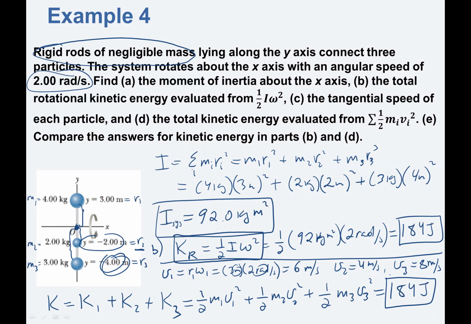It doesn't matter if you take the linear approach, which is finding the speed, finding the kinetic energy of each one, and adding them together, or using the angular approach, which is finding the angular speed and moment of inertia of the system. You're going to get the same thing. And obviously, it's much easier to use the angular approach: just find the moment of inertia and use the rotational kinetic energy, 1/2 times moment of inertia times angular speed squared.